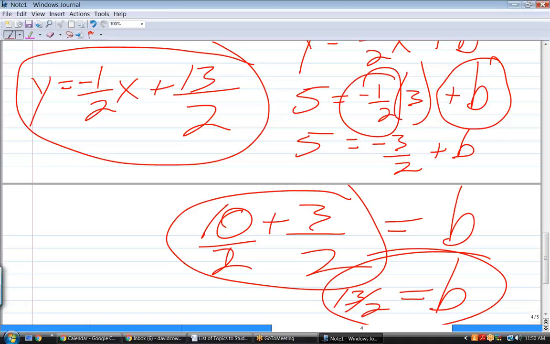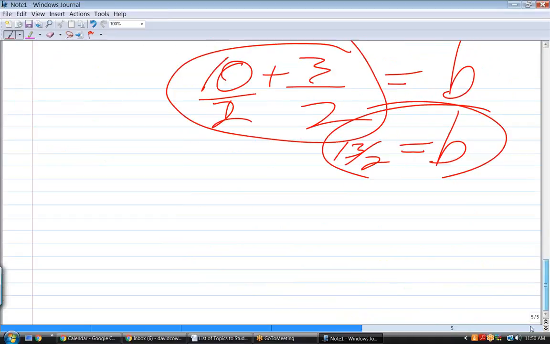So at this point, you should be able to come up with an equation of a line given 2 points, given a point and a slope, or given the slope is parallel or perpendicular to another line. But you always need at least 2 pieces of information, and slope is always one of them.